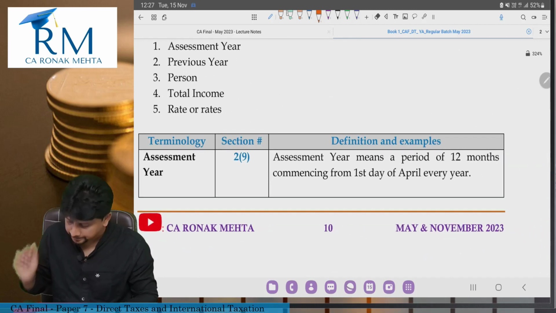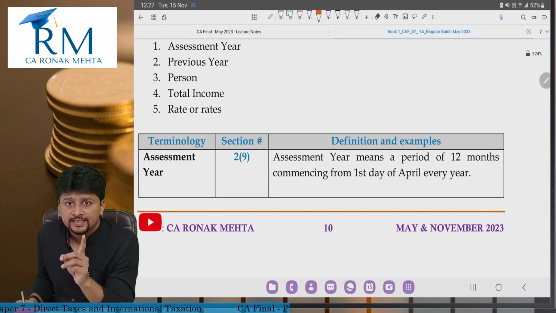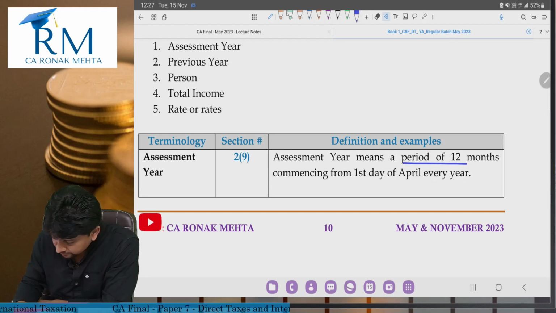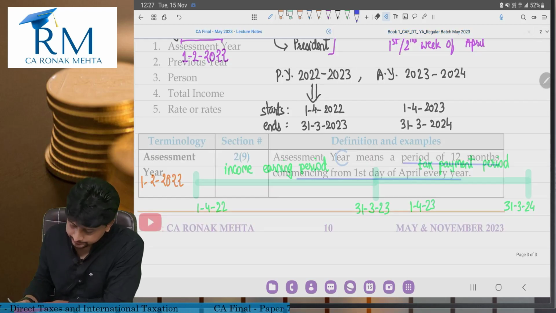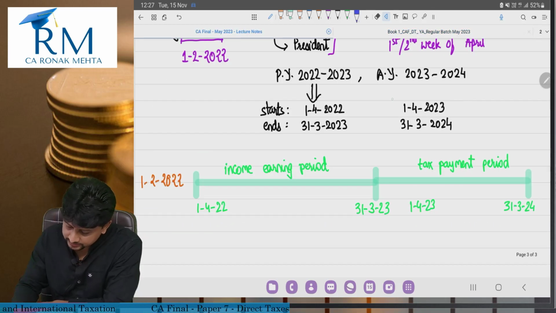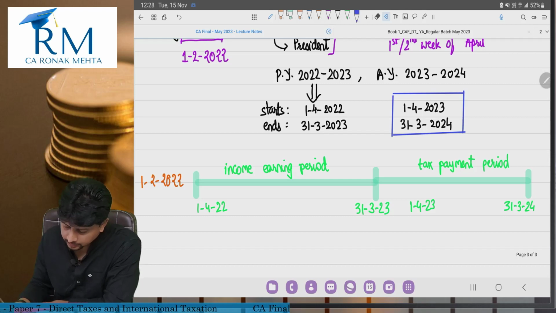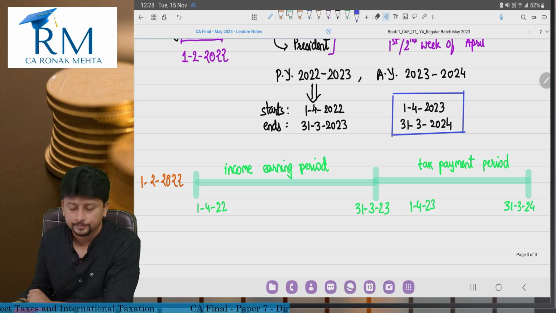See this. Assessment year is a period of 12 months commencing from first day of April every year. Check. Yes, it's an assessment year.